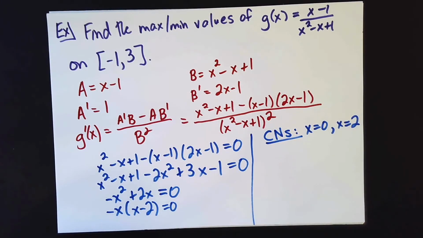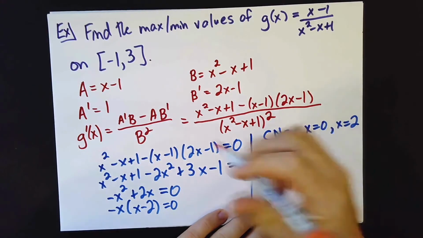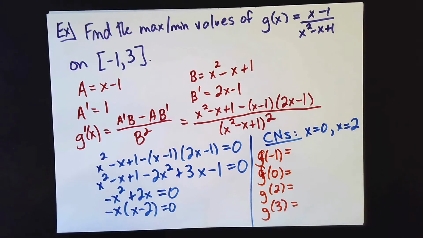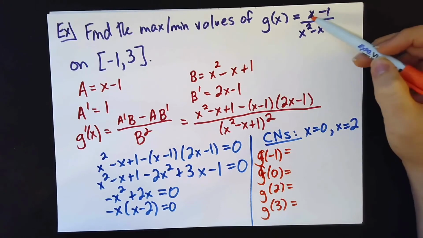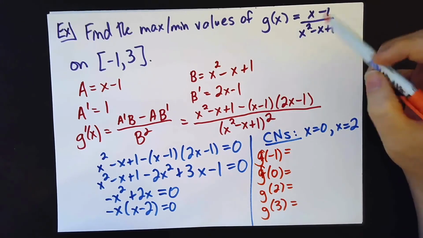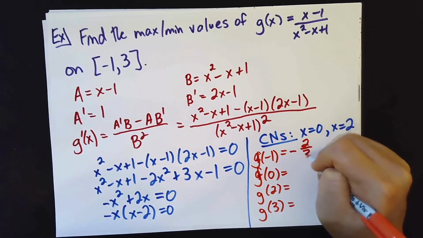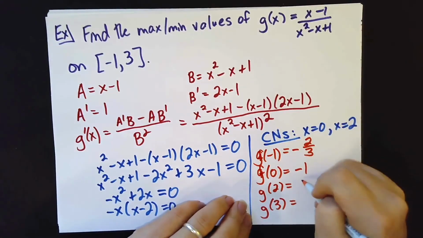Now that I have the critical numbers, I need to evaluate the function at the endpoints and those critical numbers. So let's quickly do that. If I take g of minus 1, I come back up here, I get minus 2 over 3. g of 0 then is just minus 1. g of 2 is 1/3.